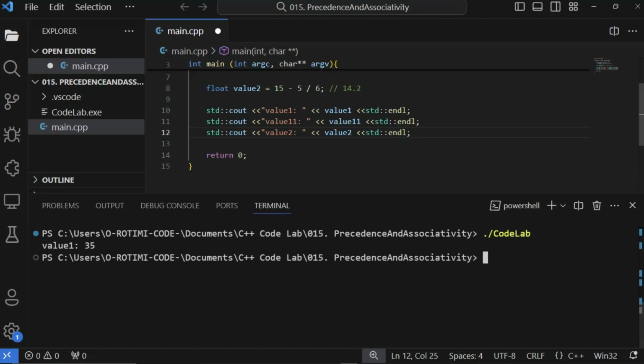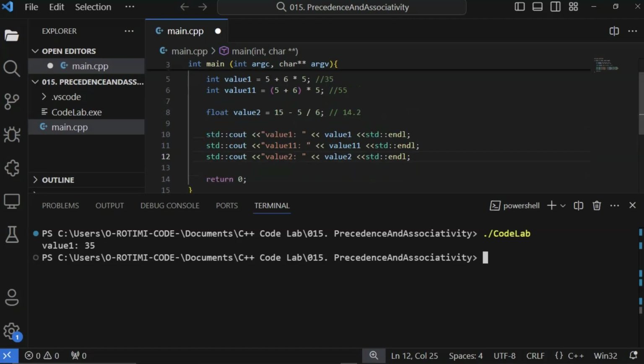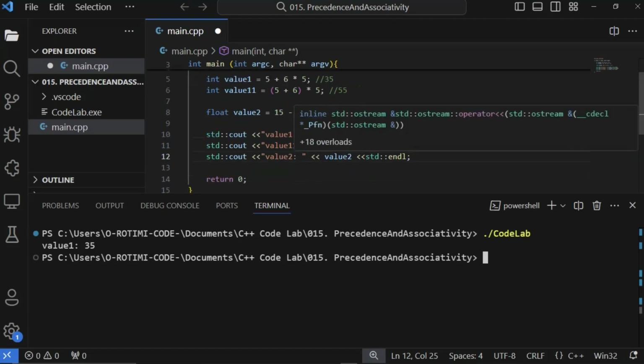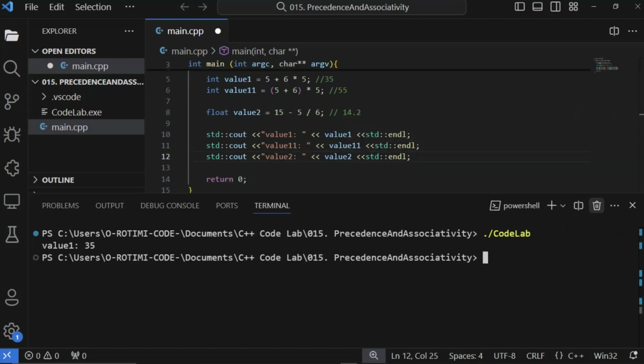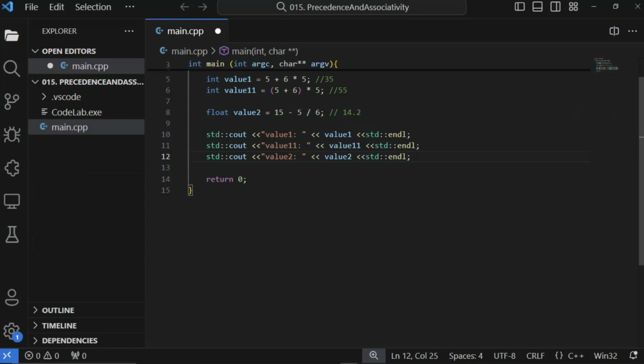Okay, maybe I have an issue with my compiler. Then let me change the stuff.